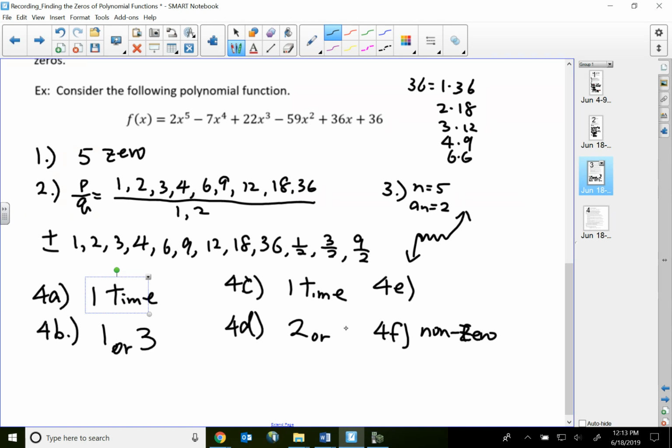If the multiplicity is 4, then 4 plus 1 will be the 5, so that's good. But at least these are what it can be. When we actually go through synthetic division, we have to at least assume the zero that crosses one time has multiplicity of 1, and the one that turns has multiplicity at least 2, so I have to use that zero twice. All right, let's find the zeros.